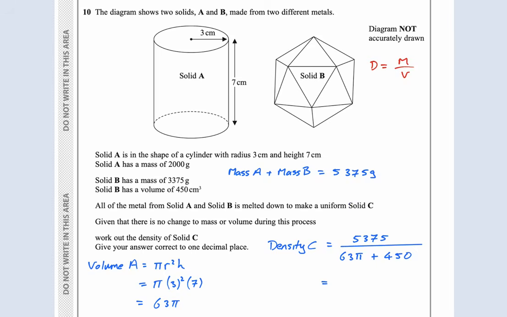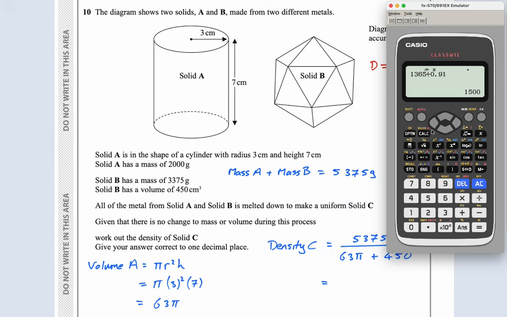And then we can just do this in the calculator. 5,375 divided by 63 pi plus 450 equals 8.29577. He wants it to one decimal place, so it's just 8.3.